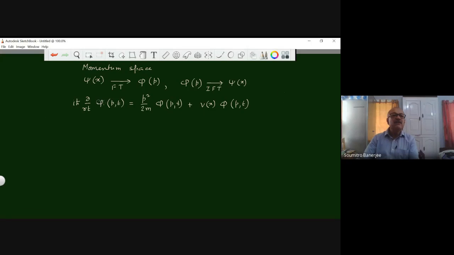This is actually V(x) applied on psi(x), its inverse Fourier transform. Okay, this thing.